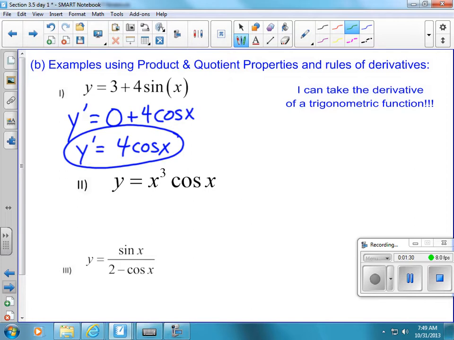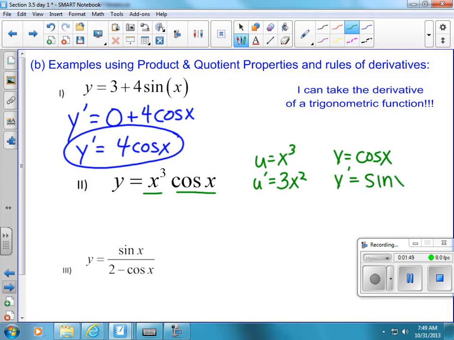The next function is a function times a function, so we are going to use the product rule. u is x cubed. That means the derivative of u is 3x squared. Our v function is cosine of x, and therefore our derivative is negative sine of x. Don't forget that negative. All right, so now we're going to multiply v times u prime plus u times v prime.